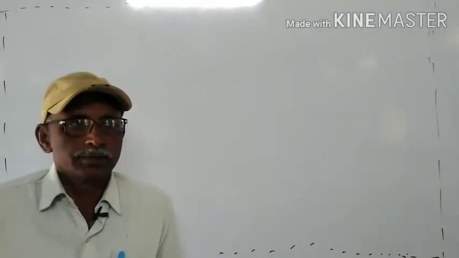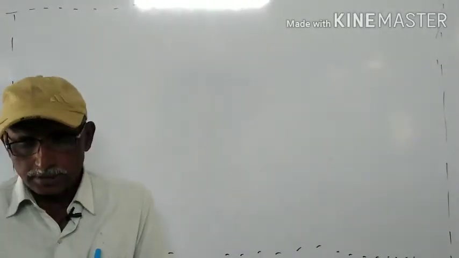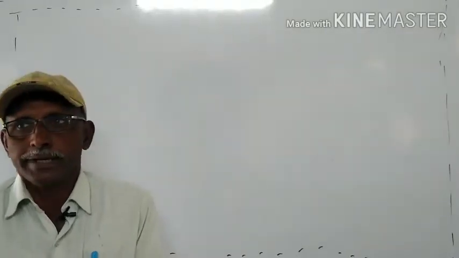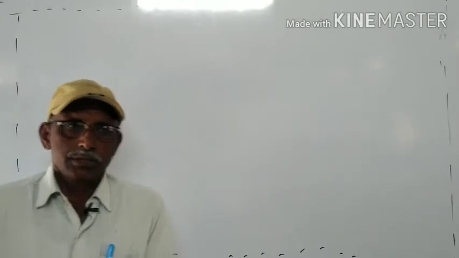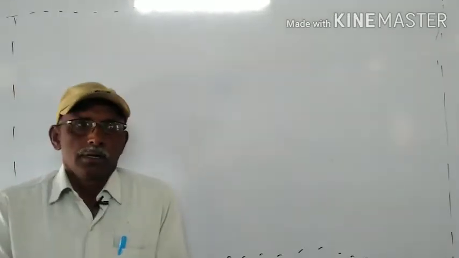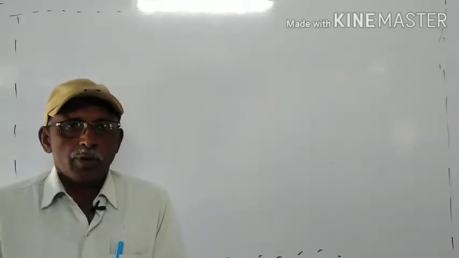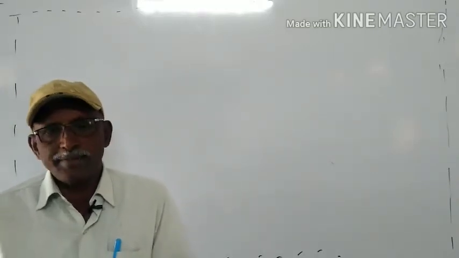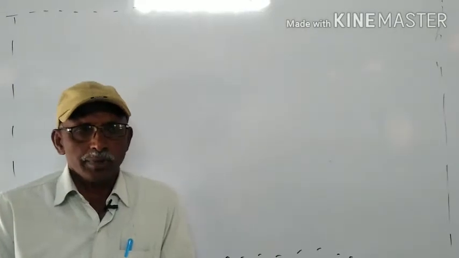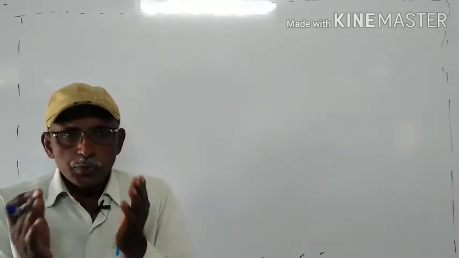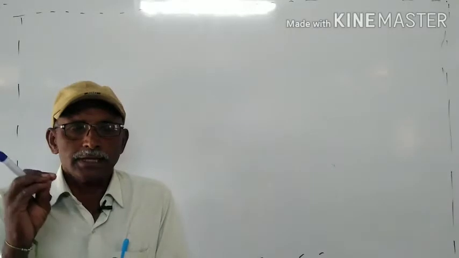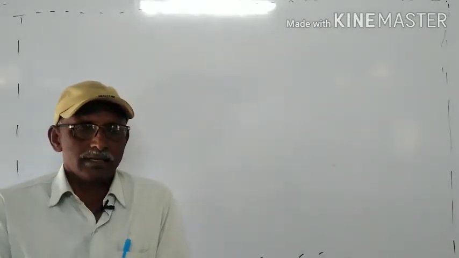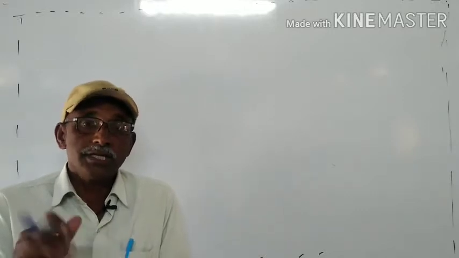So, students, welcome. In the last lecture, we learned about the replication of DNA, in which we saw the semi-conservative type of replication. Why is it called semi-conservative? Because when a new DNA is formed, one strand is the parent strand and the other strand is newly formed.